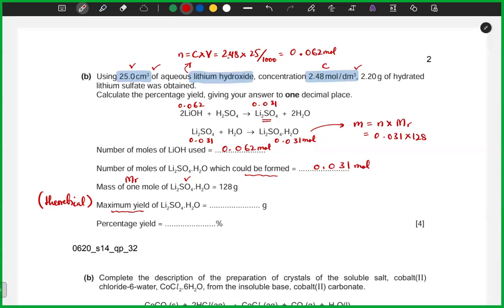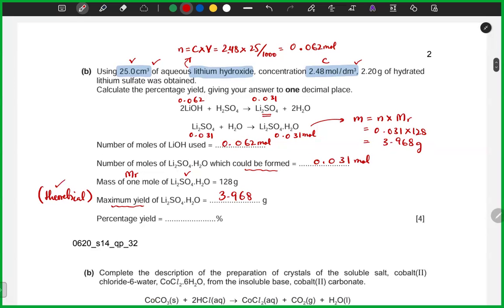So now I'm going to multiply it by 128. I'm getting 3.968 grams. So that's my theoretical output. That's what my calculator gives me. And I have to find the percentage yield. So what is the formula? It's actual. They've given me the actual.